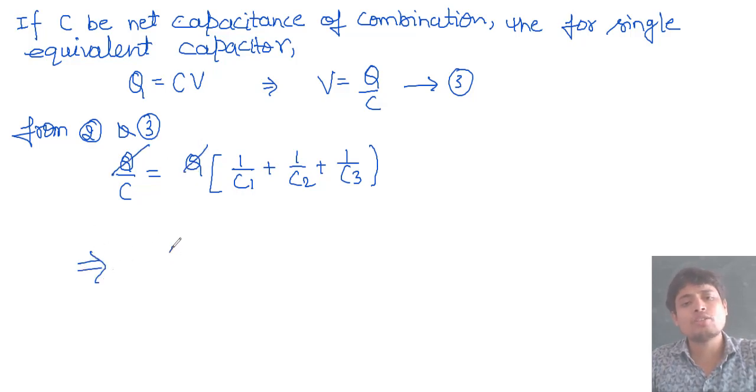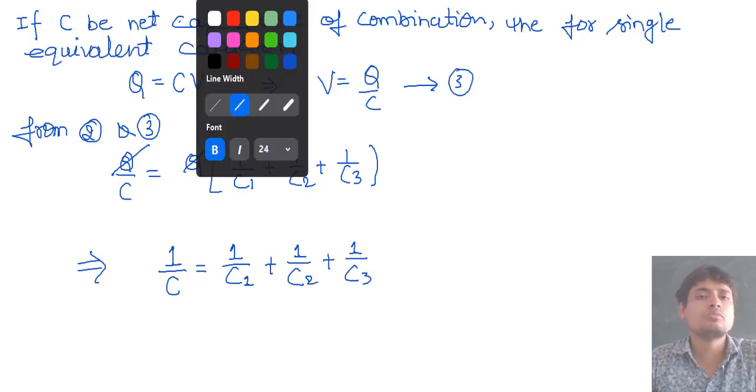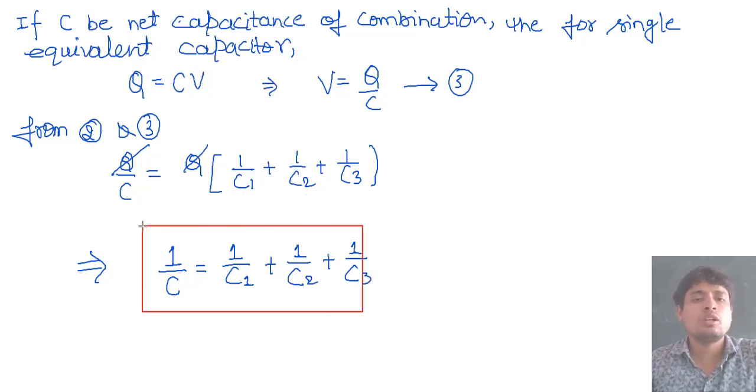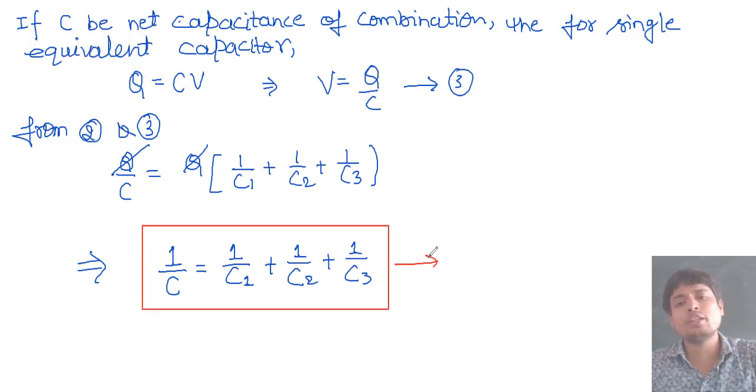Then we may write 1 by C is equal to 1 by C1 plus 1 by C2 plus 1 by C3. This will be the formula for finding the equivalent capacitance of two or more capacitors connected in series.